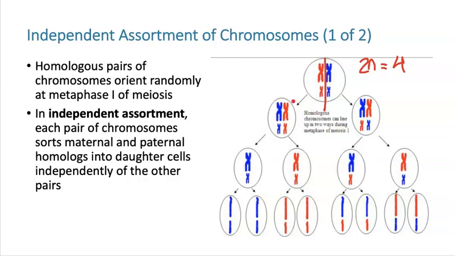So on this side of the metaphase plate, you have a long red chromosome and a short red chromosome. And on the other side, you have a long blue chromosome and a short blue chromosome. Right? You can think about these as paternal chromosomes and maternal chromosomes. You'd have to think about that as what you got from your mom or your dad.